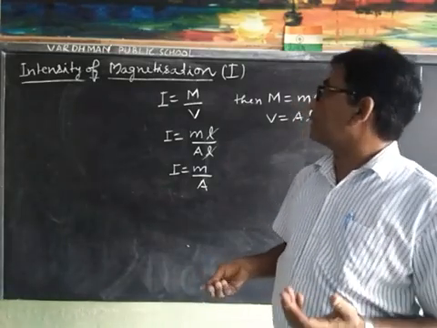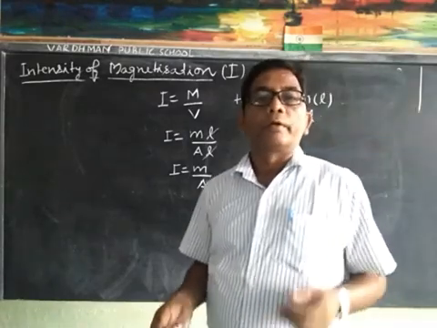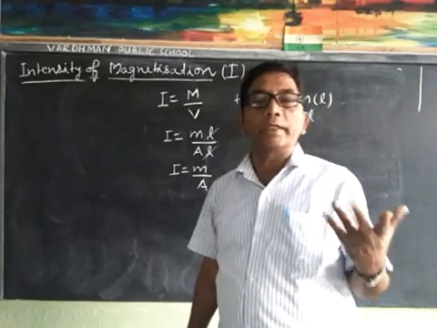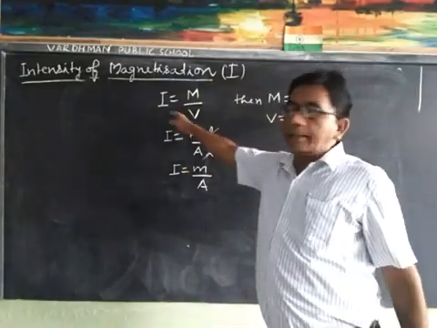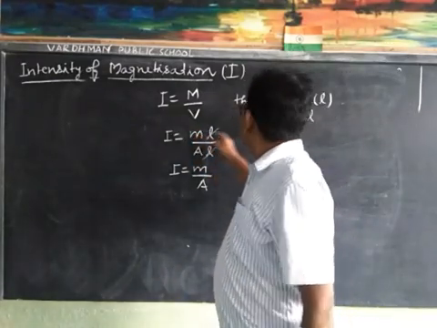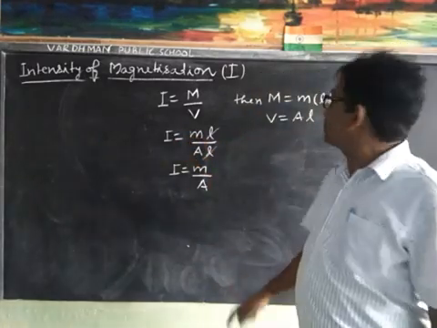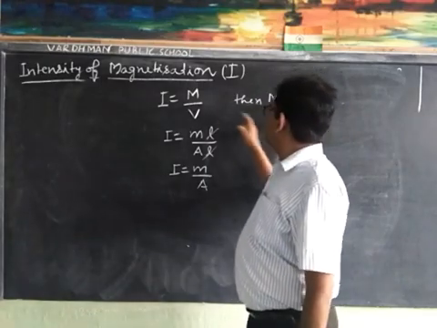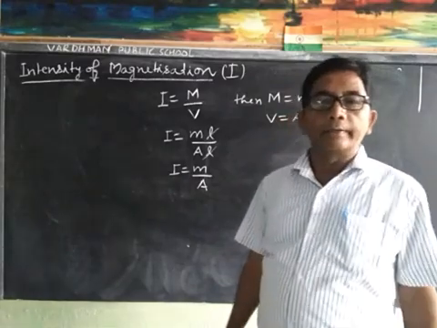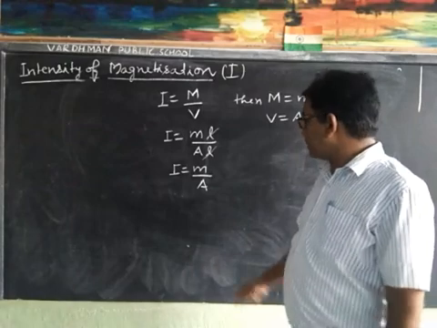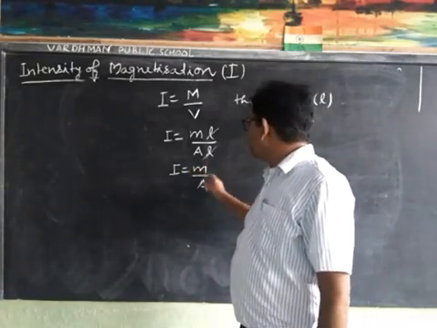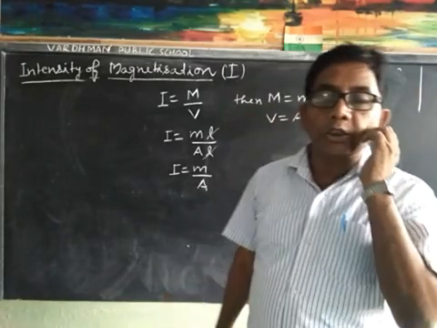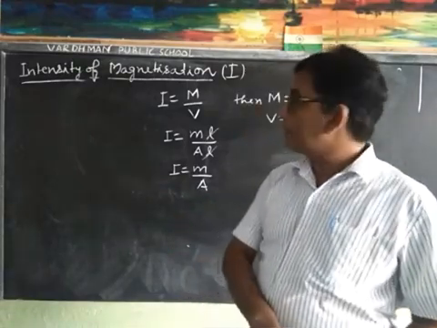It is defined as magnetic moment developed per unit volume, and it is represented by I. If small m is the induced pole strength, then capital M is equal to m into L and volume V is equal to A into L. Putting the values and cancelling L, I is equal to m upon A. Therefore, intensity of magnetization is defined as induced pole strength per unit area of cross section of the magnetic substance.